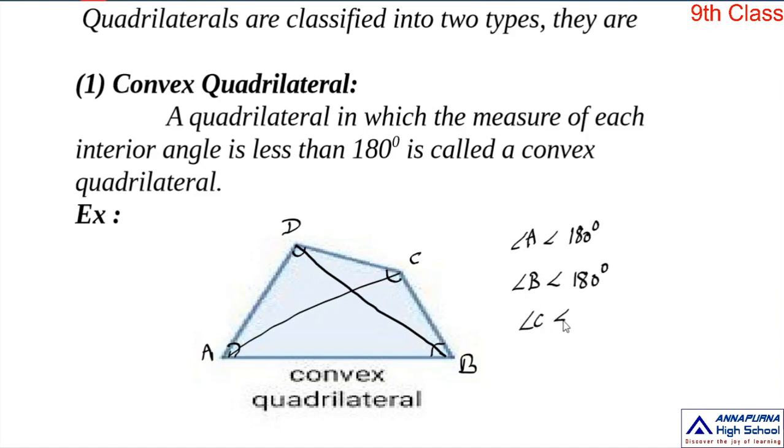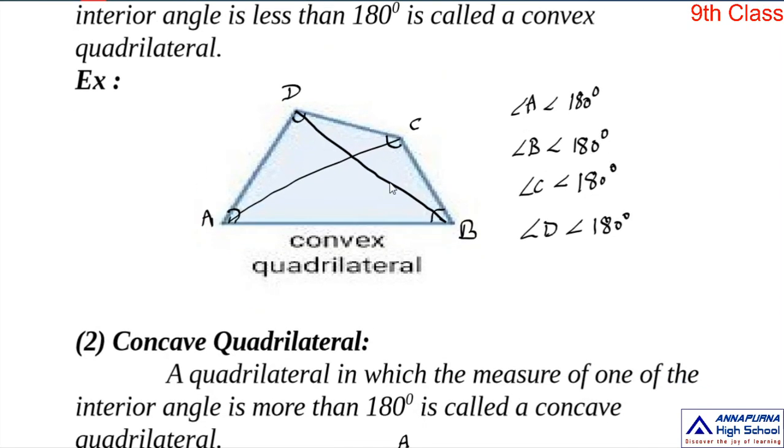Angle C is less than 180 degrees. Angle D is less than 180 degrees. So each interior angle is less than 180 degrees, so quadrilateral ABCD is a convex quadrilateral. This is the first one.